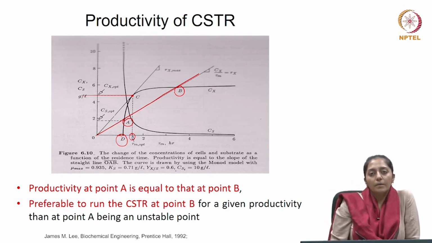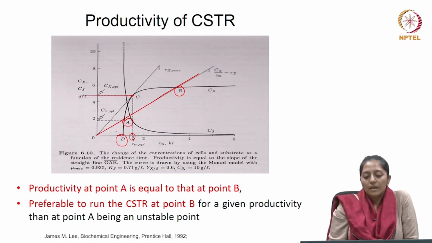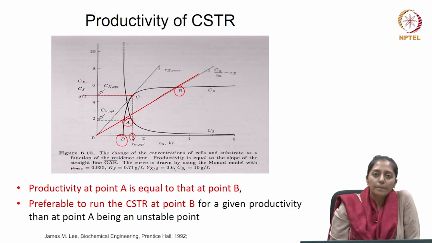We can run a chemostat, if the desired productivity is the slope of the OAB line, either at point B or at point A. So, how do we choose whether one should run this chemostat at point B or at point A?